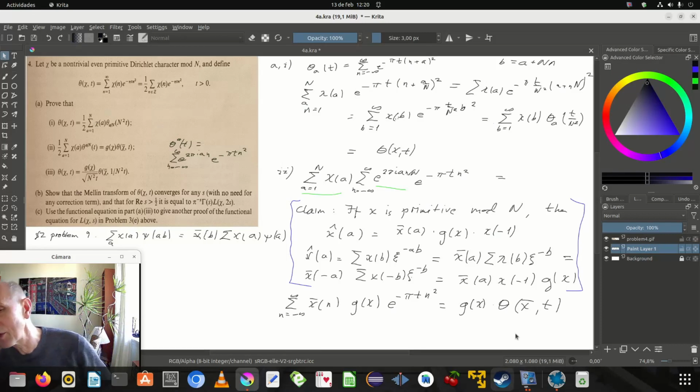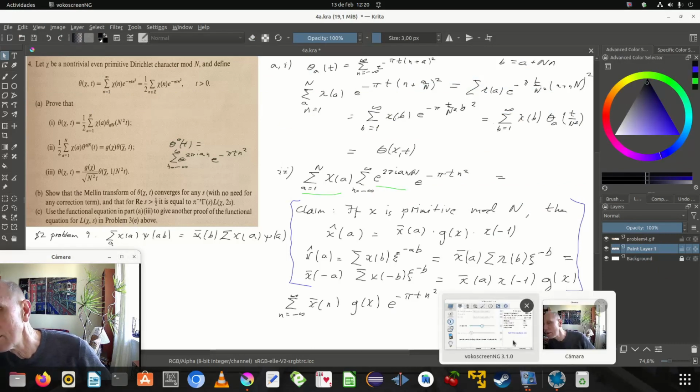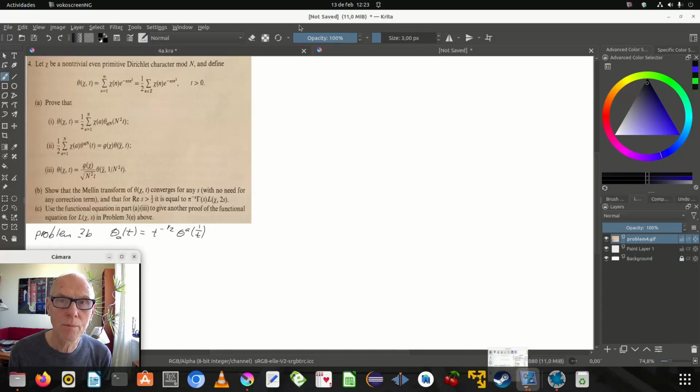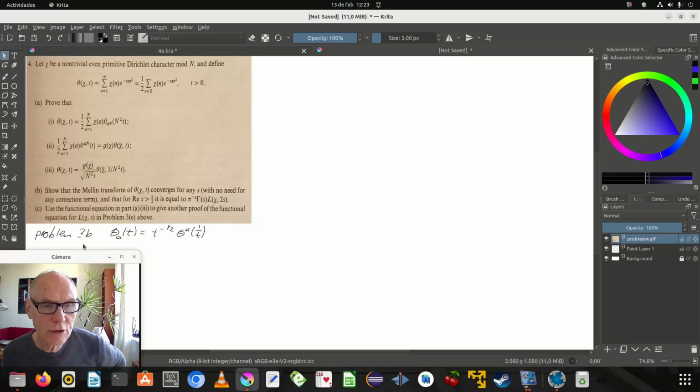So let's have a little break. I made a new page with the problem 4, and then I took the formula from problem 3 that I think we shall need.